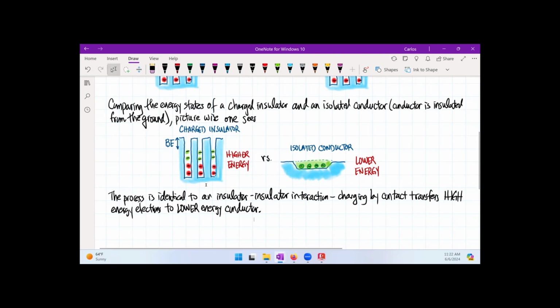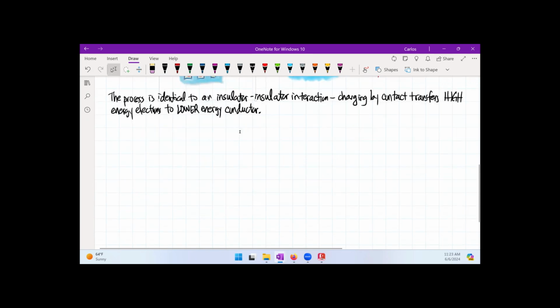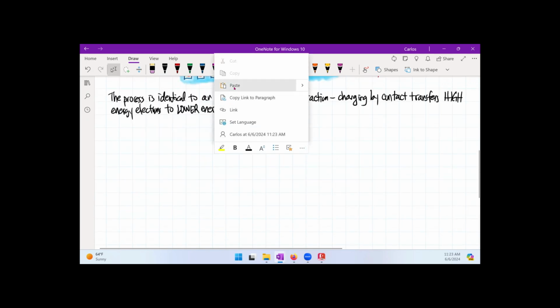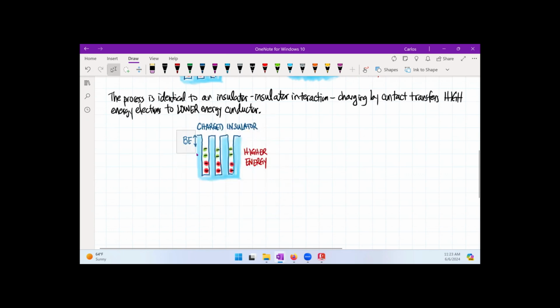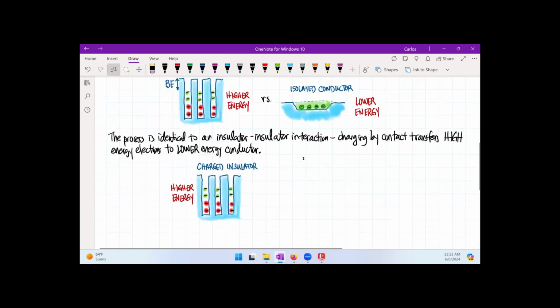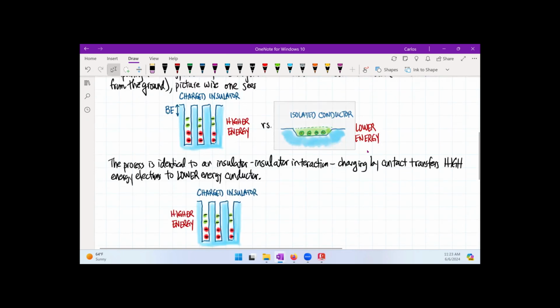So what do I see here? I have this situation, so let me copy this. We know this is at a higher energy state. I'm going to move this over here, and then I have my conductor right here.